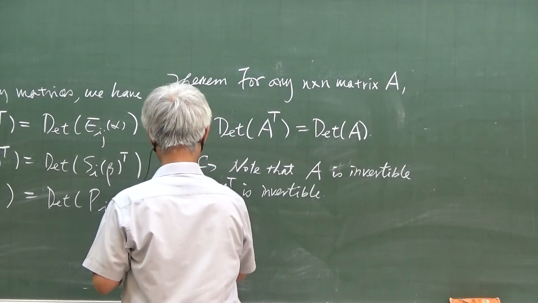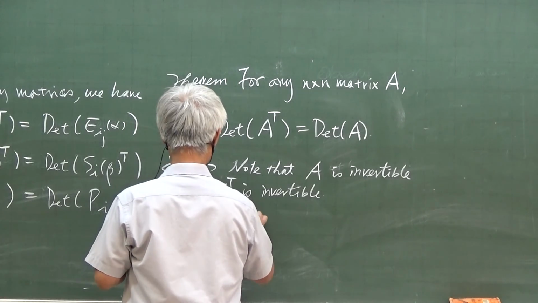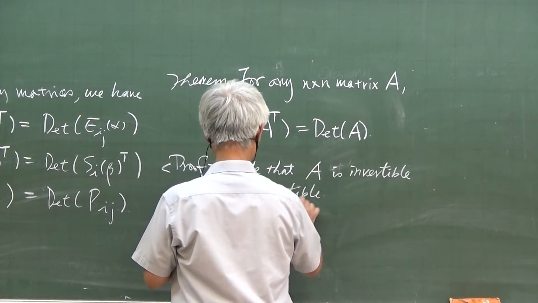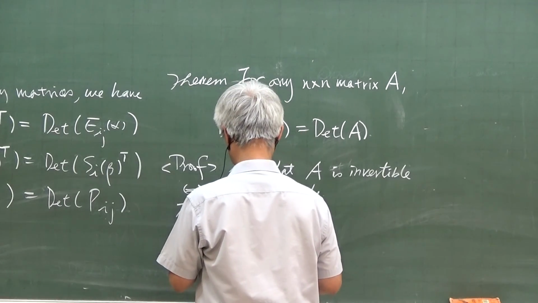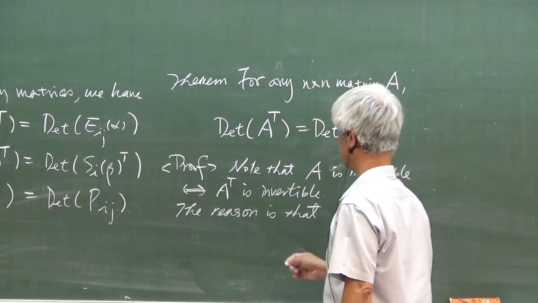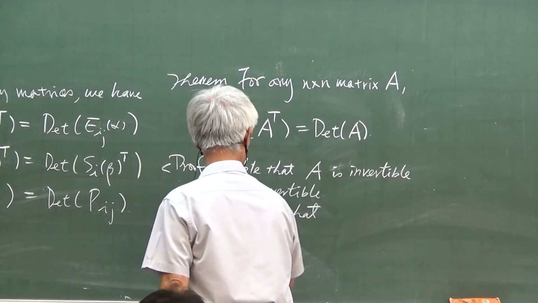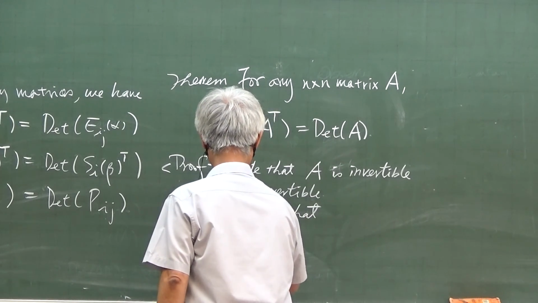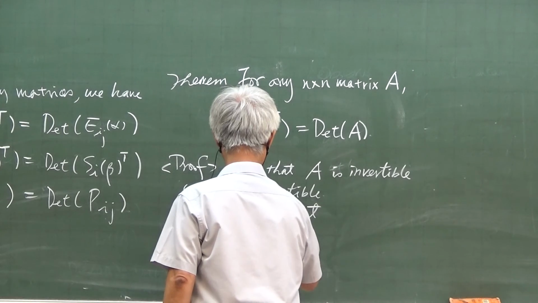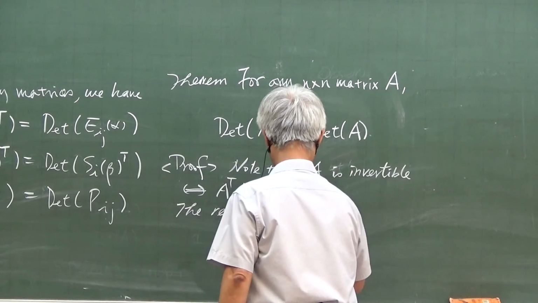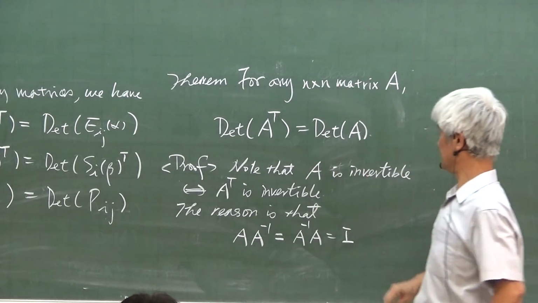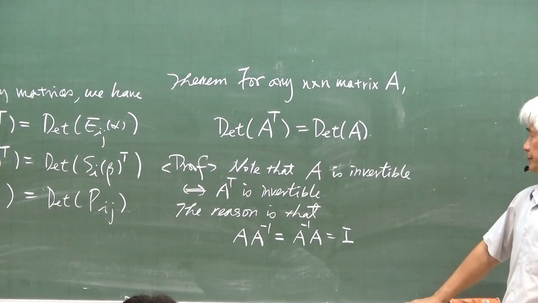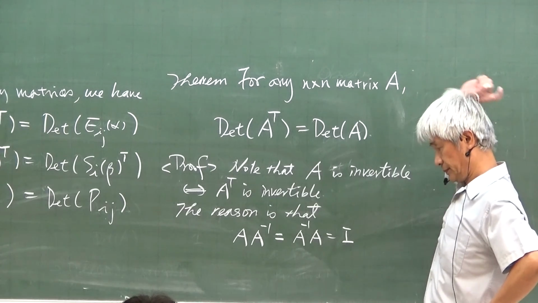The reason is that when A is invertible, it has an inverse.